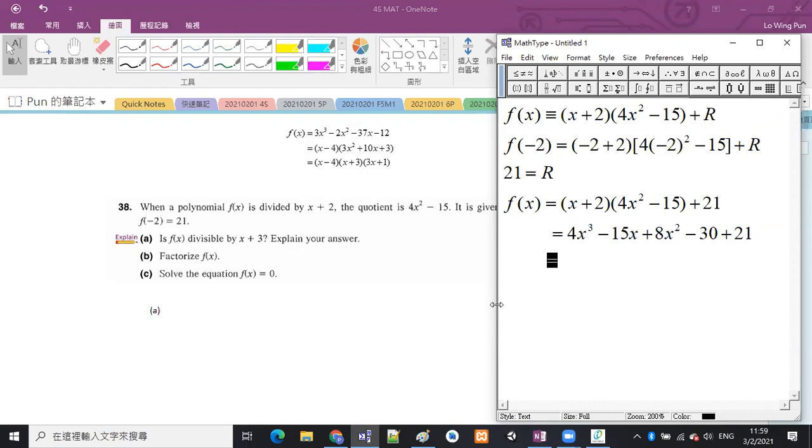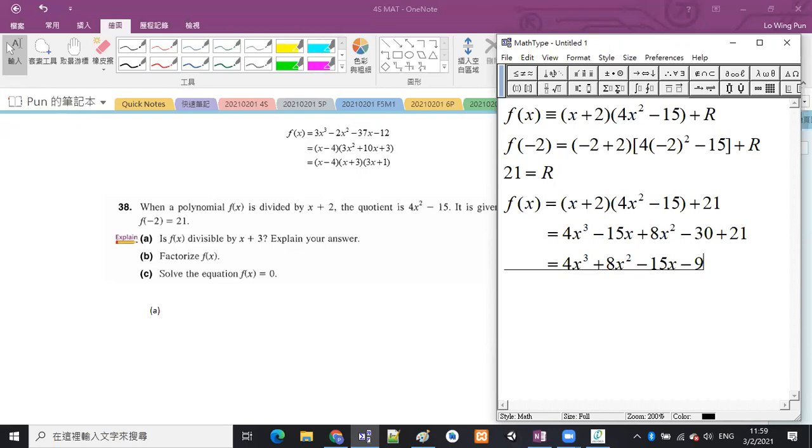And then it should be 4x cubed plus 8x squared minus 15x and then minus 9. Okay, and this is our f(x).